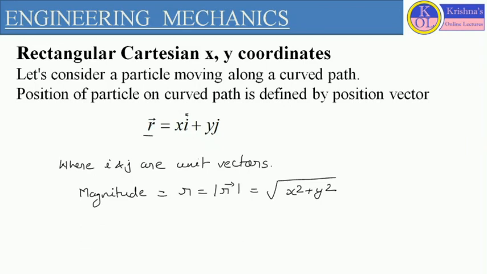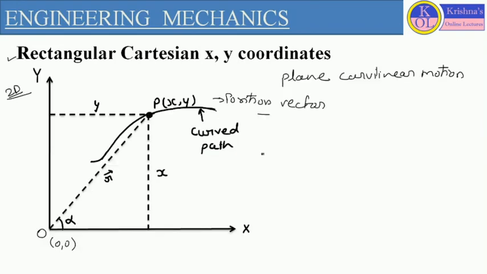The position of the particle on the curved path is defined by r bar, which equals xi plus yj, where i and j are the unit vectors. This r bar represents the actual position of the particle from the origin.